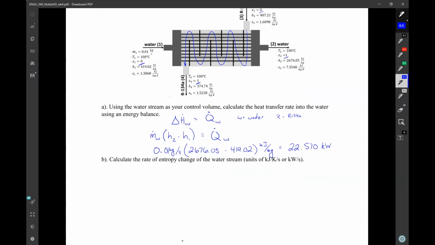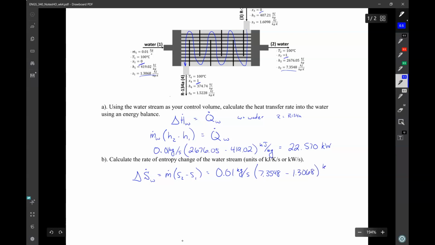We can calculate the rate of entropy change. So we have our entropy in and out. The total rate of entropy change, capital S dot, of our water is equal to the mass flow rate times the specific entropy change, lowercase s2 minus s1. So that would be equal to 0.01 kilograms per second times our entropies, 7.3548 minus 1.3068, with units of kilojoules per kilogram Kelvin.